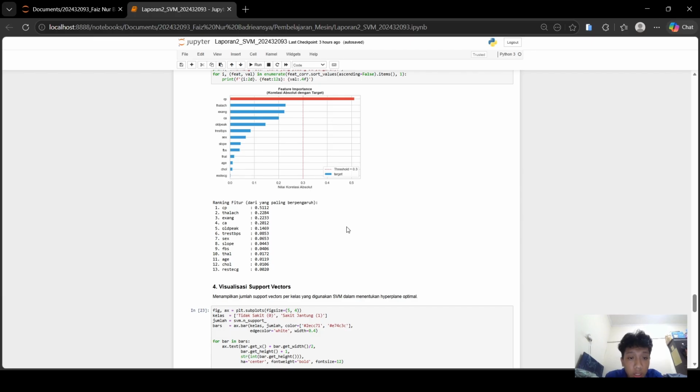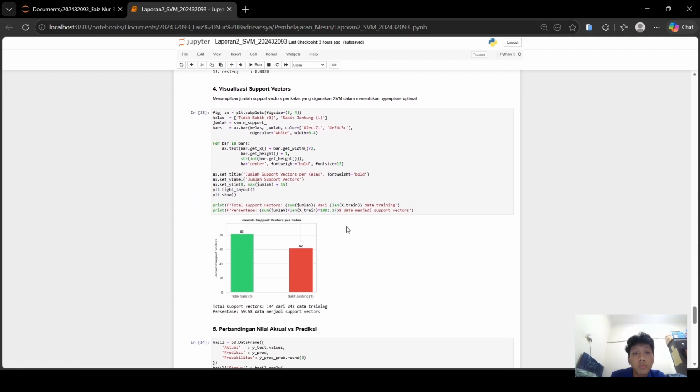Number one is CP, and number two is thalach, and three is exang, and four is CA, and five is oldpeak, and six is trestbps, and then slope, FBS, thal, age, chol, and restecg.